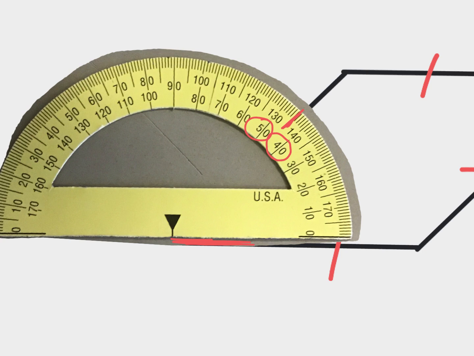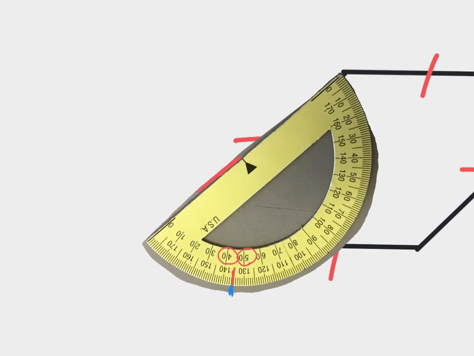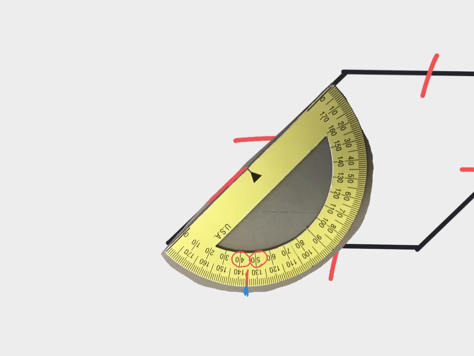So what you could do, I'll make a blue mark here so you can see. You can make a mark above that, and then once you've made that mark, you could either use the bottom of your protractor or use your ruler and connect that. So you're connecting the edge of your other segment with that mark that you just made. And then probably would be best on this problem to use your ruler, because we want it to be a certain length.